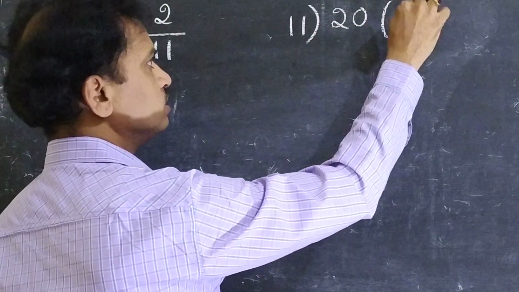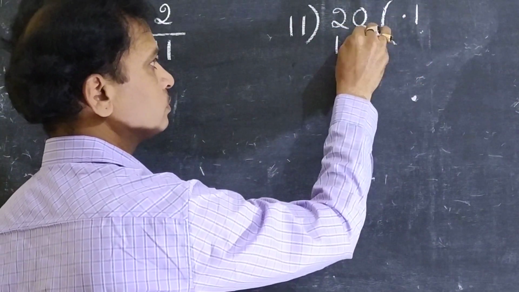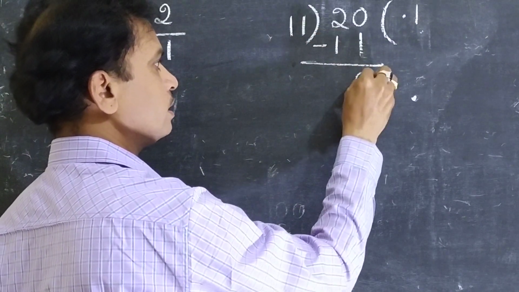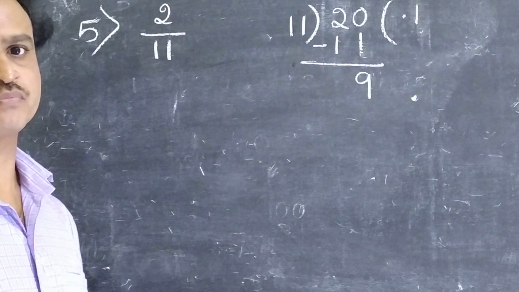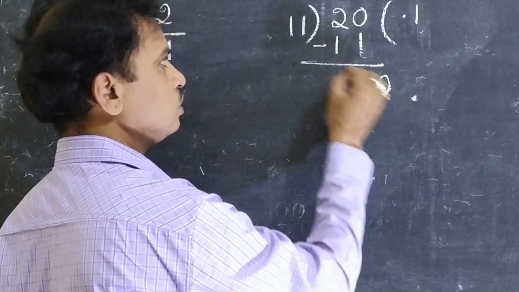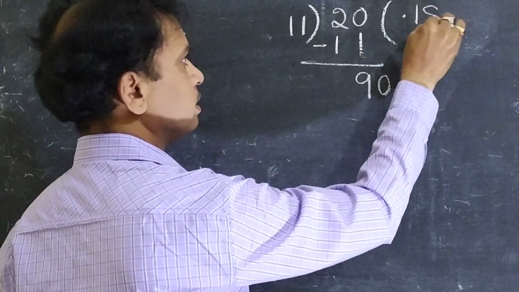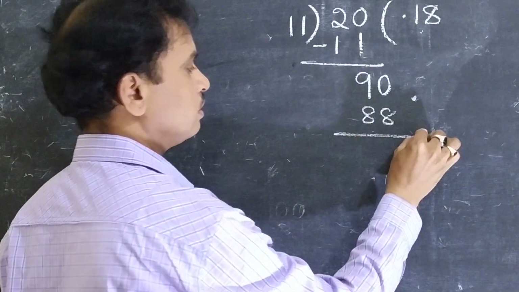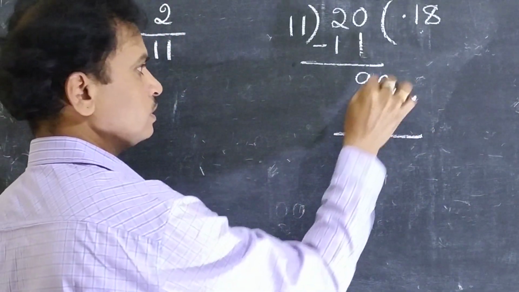So 11 ones are 11. Now subtract this. So remainder here 9. Then 9 is less than 11. Then you can take 0 here. 11 8s are 88. Then remainder here 0.